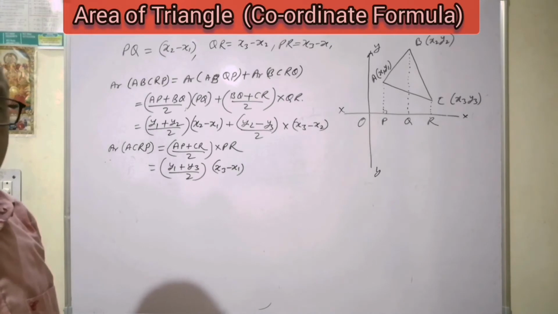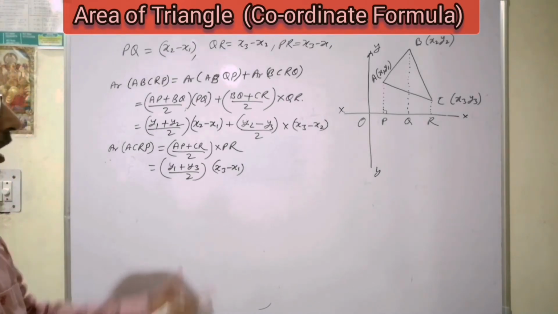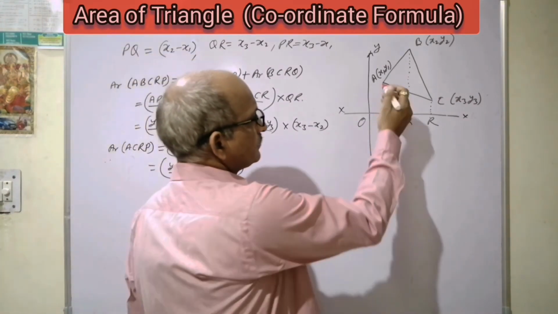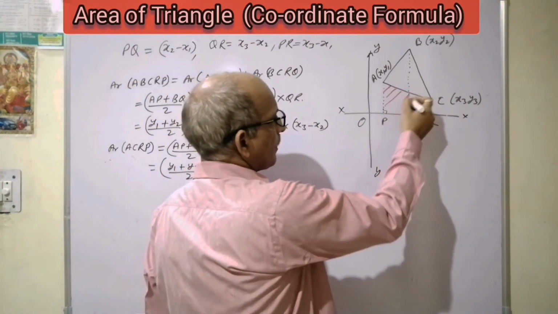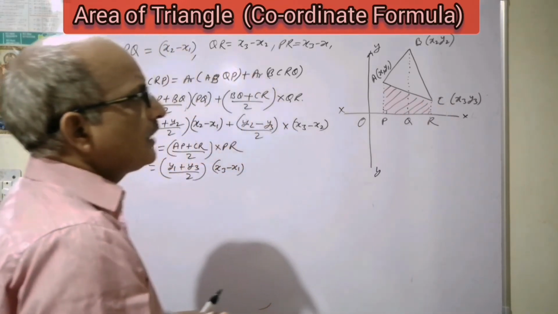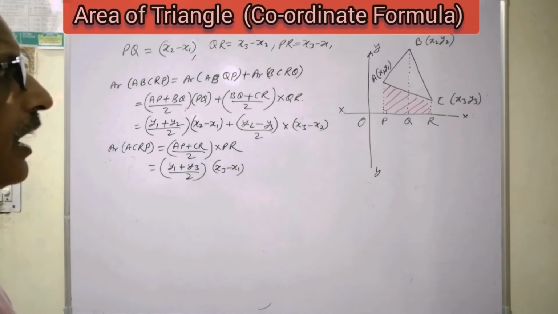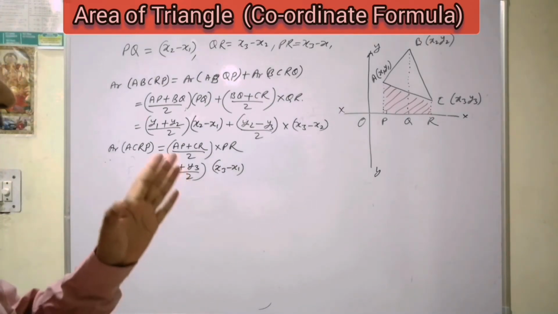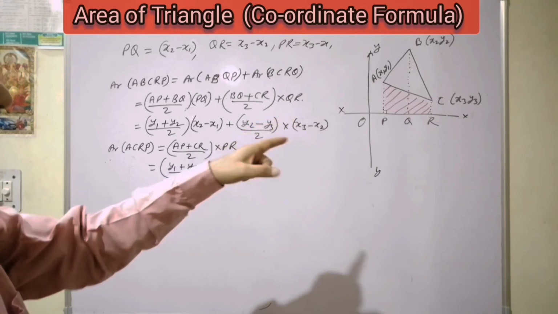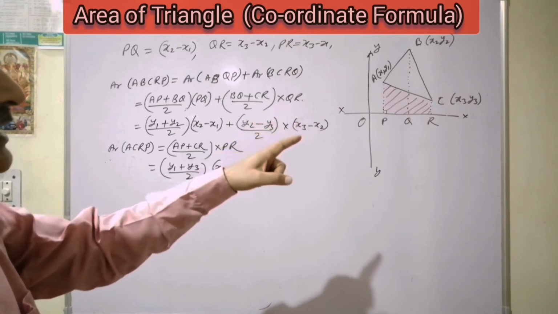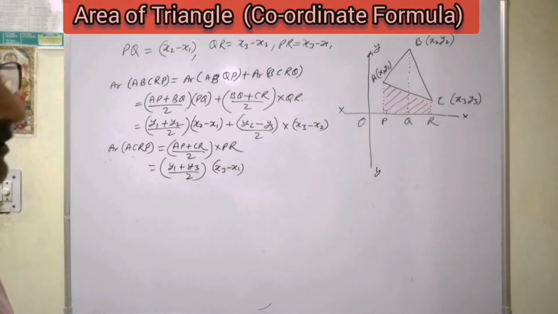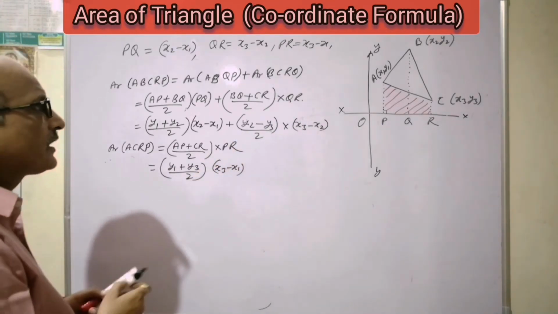Now let's see. If we remove this area, the red shaded area ACRP, from the pentagon ABCRP, I think we will get the area of triangle ABC. Very clear over here. So we'll do the same.